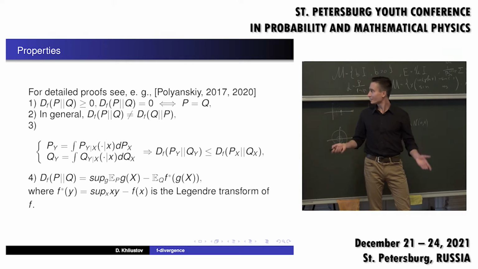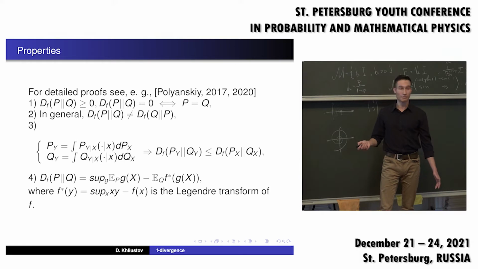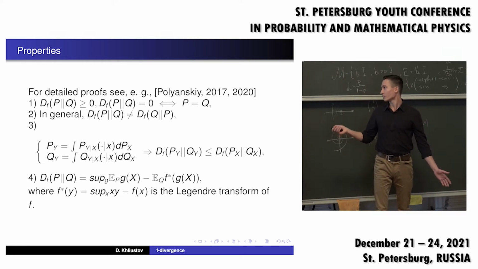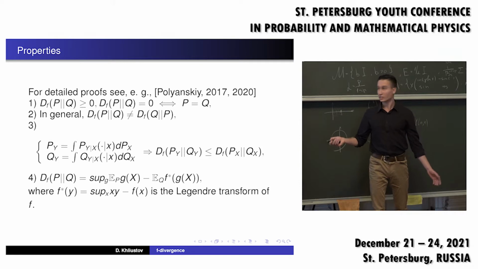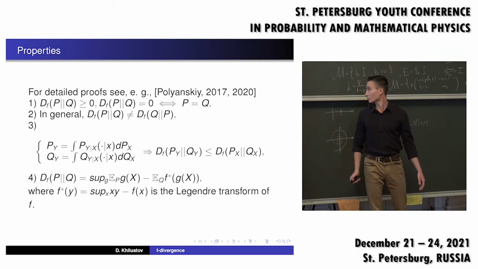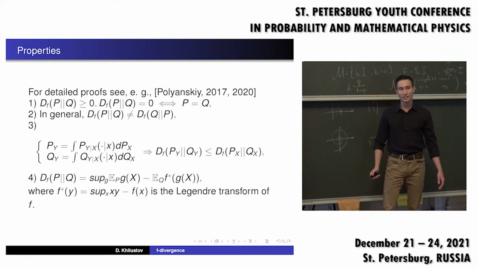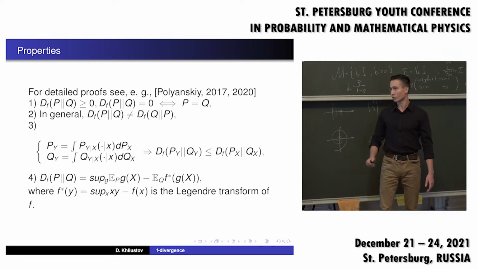Some properties define the niceties of this divergence, and they explain why we use them so often. Usually, the divergence is always non-negative, and it is equal to 0 if and only if p and q coincide. However, it is usually non-symmetric, and this is why we cannot treat it as a metric. The third property is usually referred to as the data processing inequality.